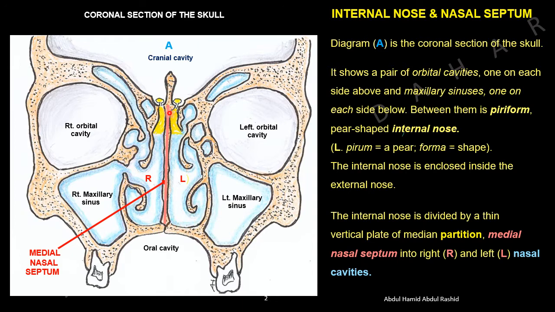Between them is a piriform, that is pear-shaped, internal nose. The internal nose is located deep to the external nose. The internal nose is divided by a thin vertical plate of median partition called the medial nasal septum into right and left nasal cavities.